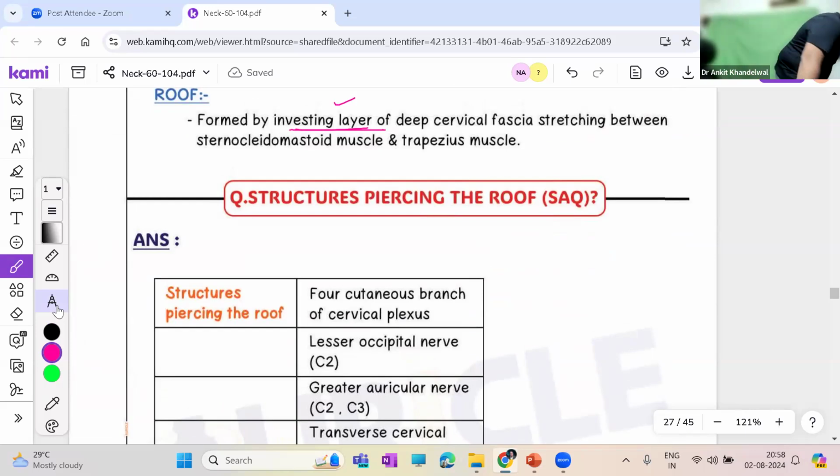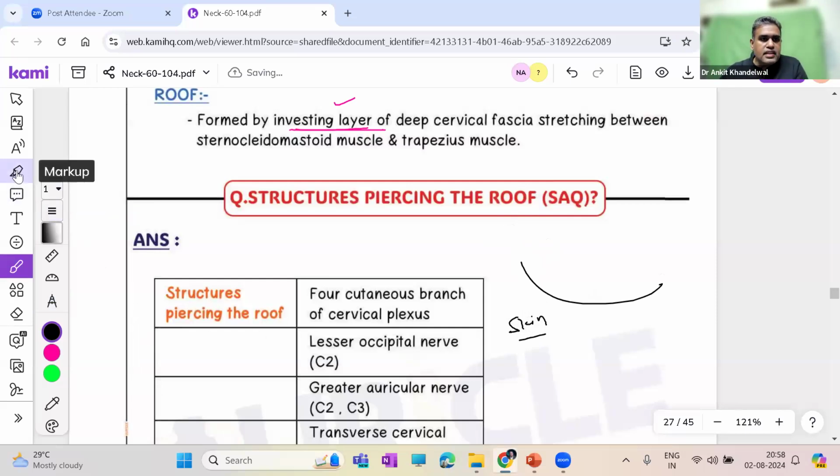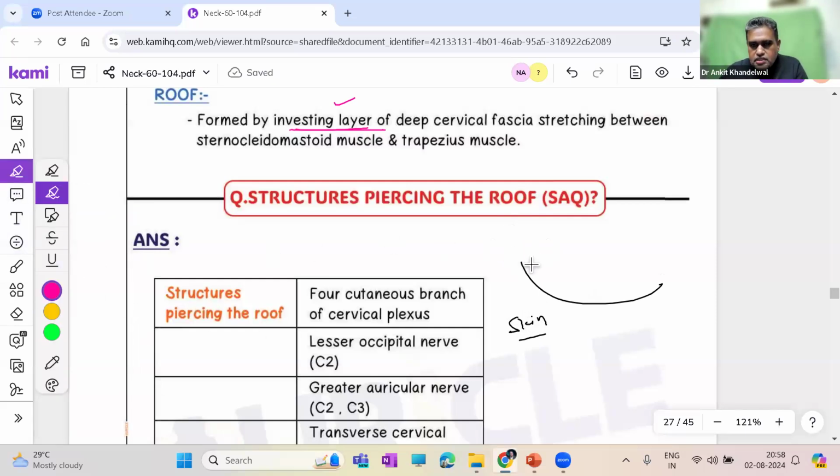Okay, back. So, the structures piercing the roof. Understand over here. Imagine this is the outside skin. This is the skin of the posterior triangle. Clear? Beneath the skin, this is my superficial fascia, right?